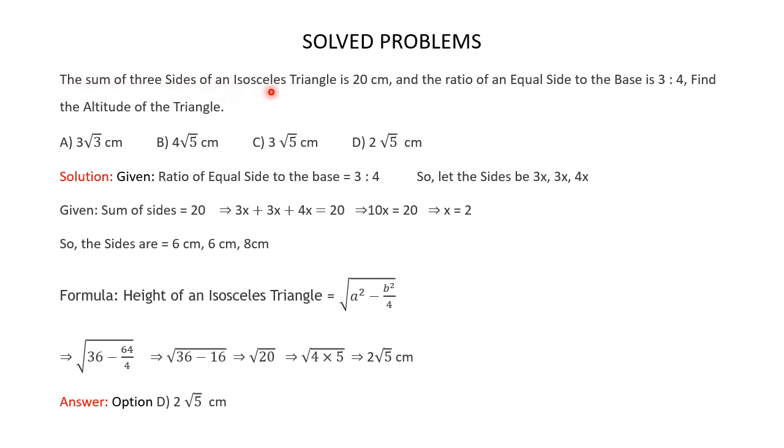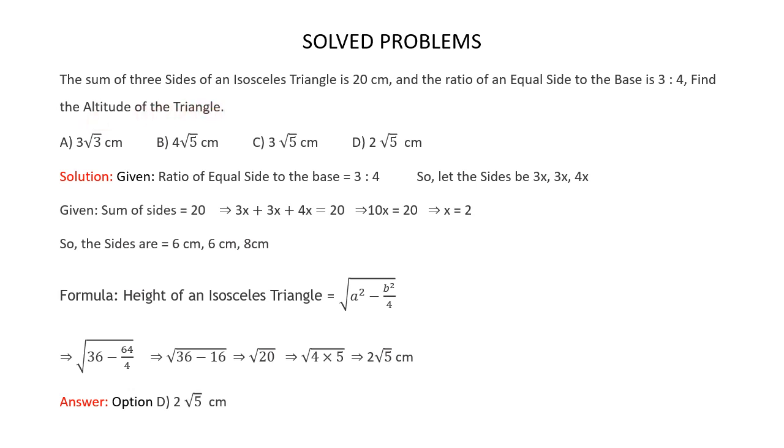The sum of three sides of an isosceles triangle is 20 centimeters and the ratio of an equal side to the base is 3:4. Find the altitude of the triangle. Here you are given four options and you have to find out which of these options is the correct one. So here you are asked to find the height of the isosceles triangle.